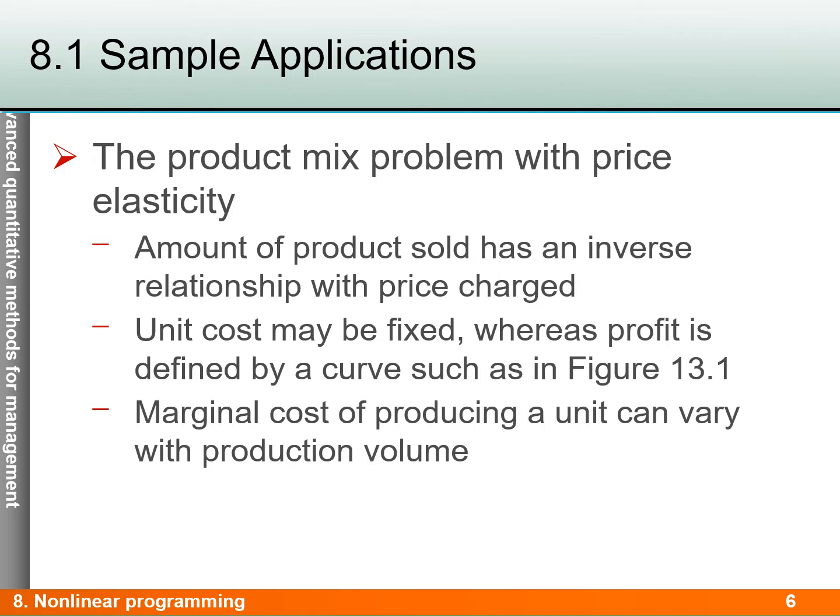This is the revenue, x·p(x), minus the cost. If we show the unit cost as c, the profit of the company will be x·p(x) minus x multiplied by c. The revenue minus the cost of the problem. So let's check the next slide.